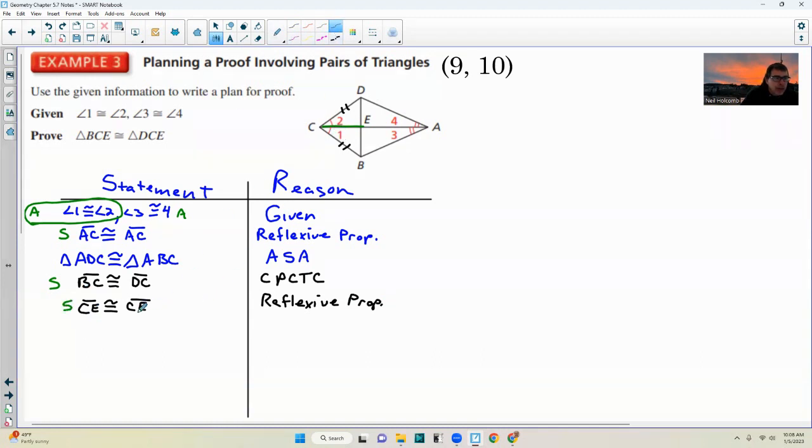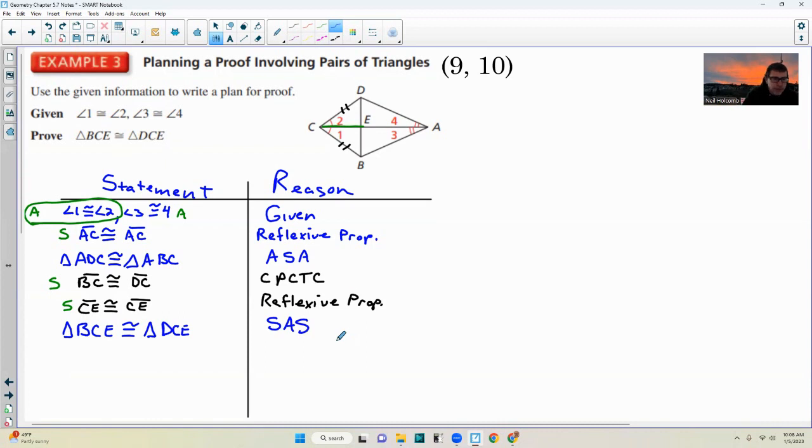So now I can say the triangles are congruent. So I can now go right to what we're trying to prove. Triangle BCE is congruent to triangle DCE. And the reason? Side, angle, side.